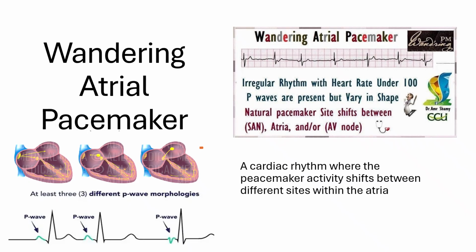It's definitely very interesting. I want you to look at this rhythm and see if you can see that variation in those P waves. And this is generally going to be an irregular rhythm, and the heart rate will be under 100. And your QRS is generally normal.